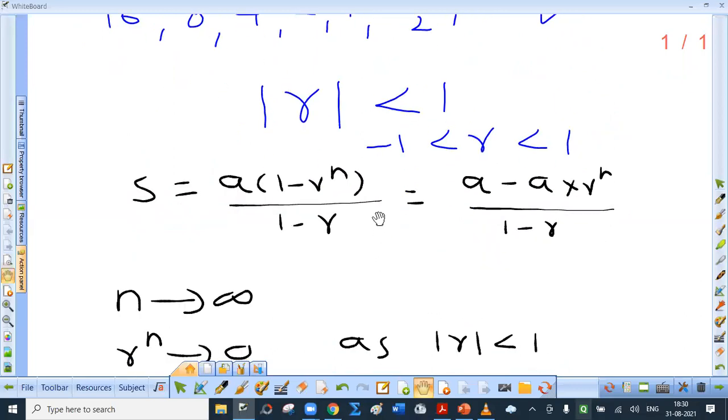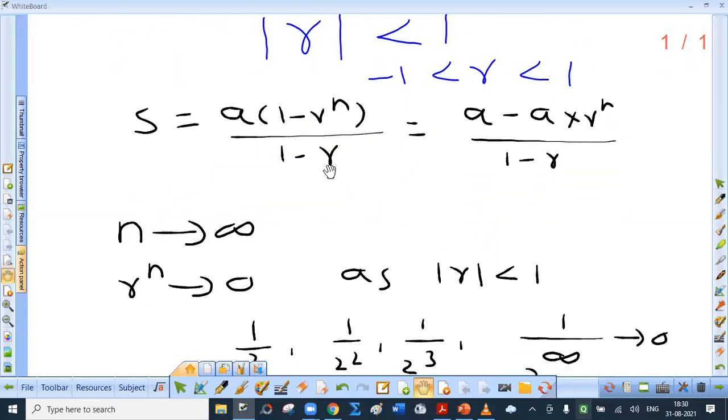Then what is the formula for sum to infinity if the modulus value of the common ratio is less than 1? First, I have mentioned the formula for sum to infinity of GP. Now, as n approaches infinity, r raised to n will approach 0. Why? Because r is less than 1.